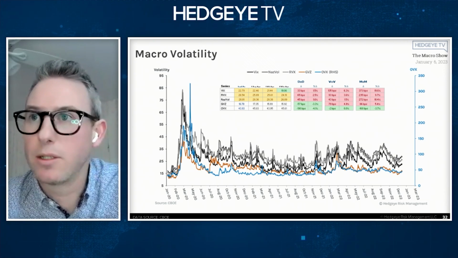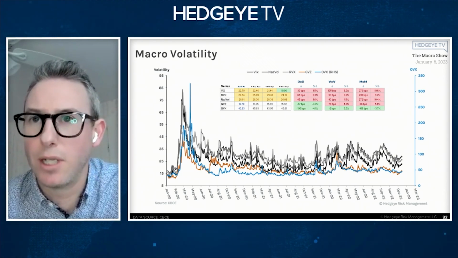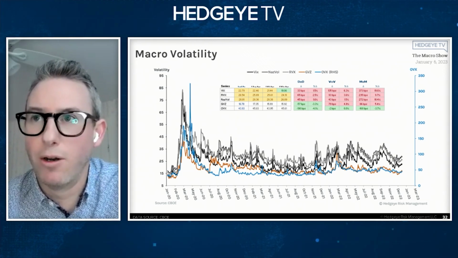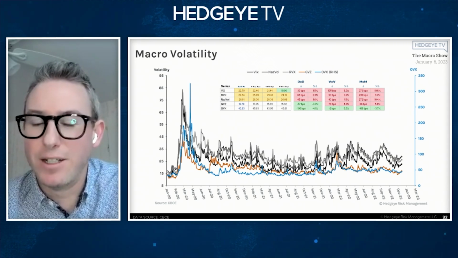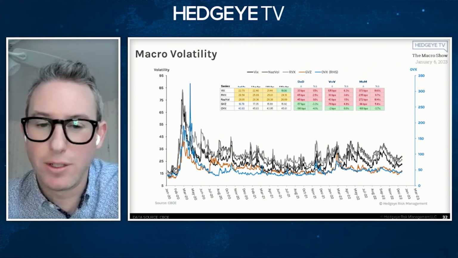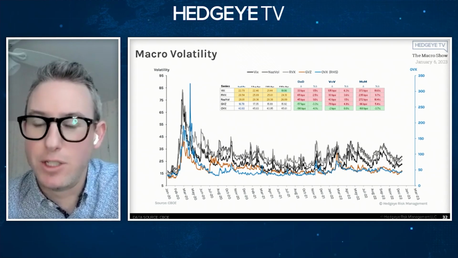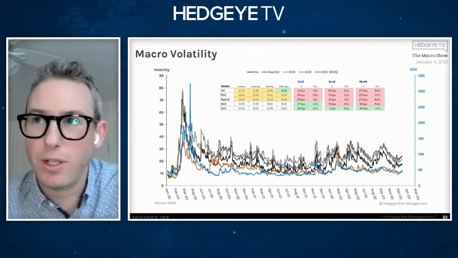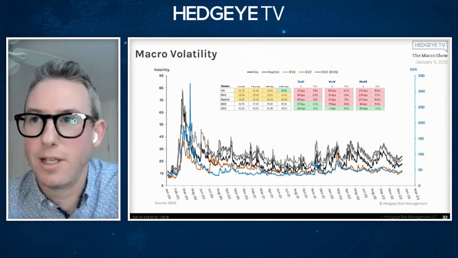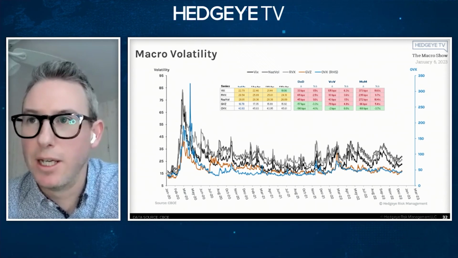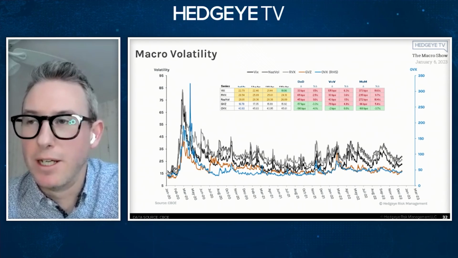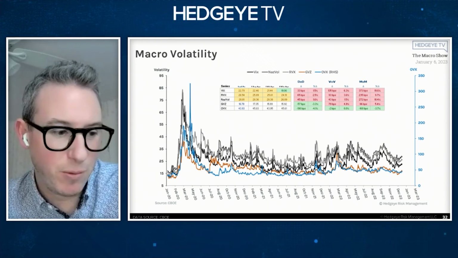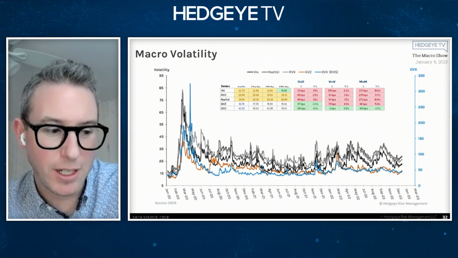RVX is Russell vol. NAS vol is on the NASDAQ. GVZ is gold volatility. OVX is oil. I've got too many things going through my brain. But anyway, oil's at the bottom. So again, day over day, week over week, and all that kind of stuff.